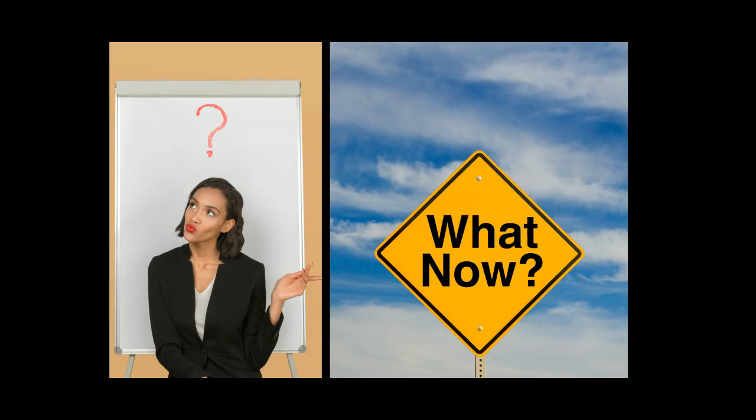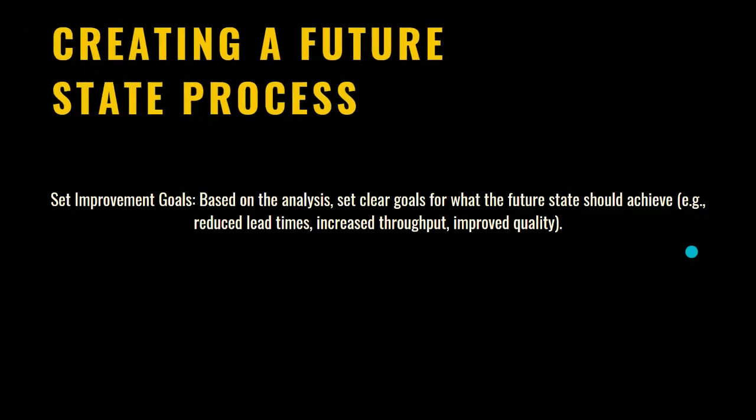Okay, so now what? Well, we're going to create a future state process. This is where we're going to set goals and base those goals on the analyses and set clear goals for what the future state should achieve, whether that's reducing lead time, increasing throughput, or improving quality.